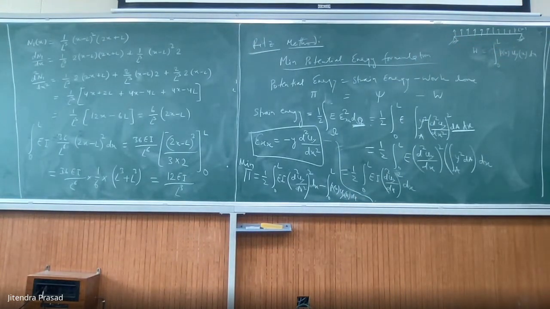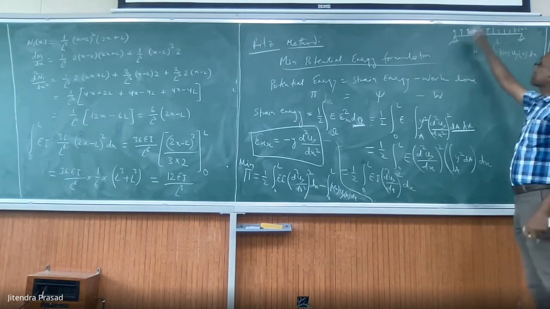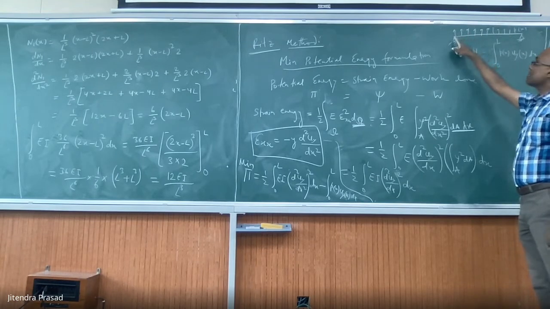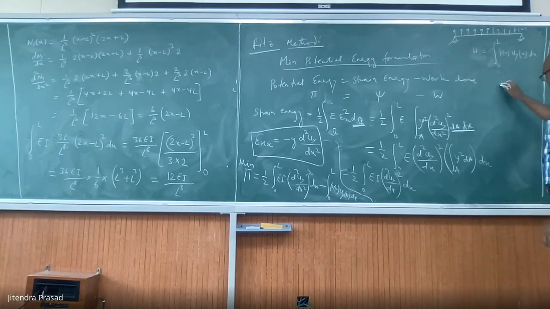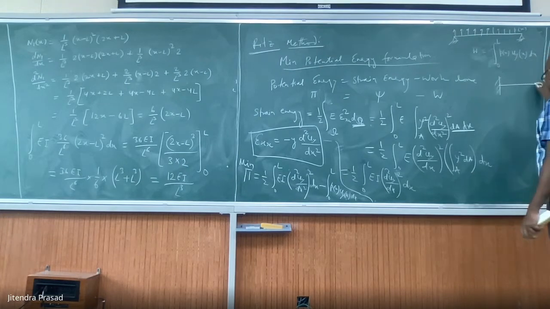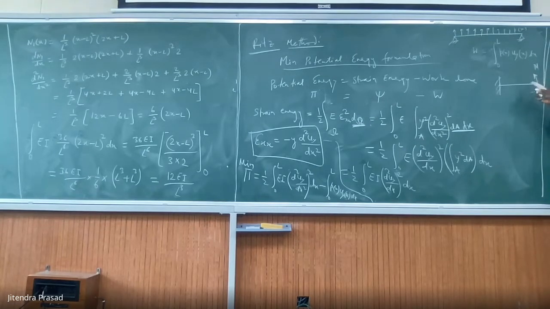But let us say there is a force applied as well. So let us say something like this. You have the moment applied here. So accordingly, the work will be whatever the moment is, M at L, multiplied by the theta at L. That will also be the work done.